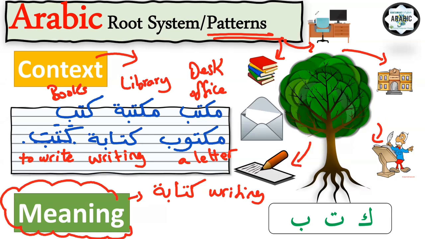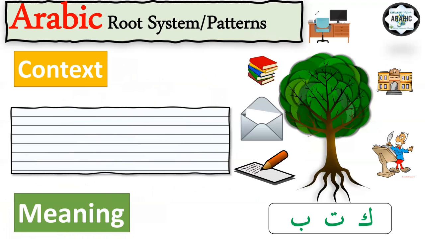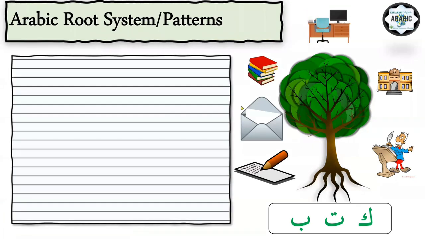And we're going to look at more examples. When we're talking about the pattern, we are using actual words with the letters connected to them. And here we have the verb kataba.